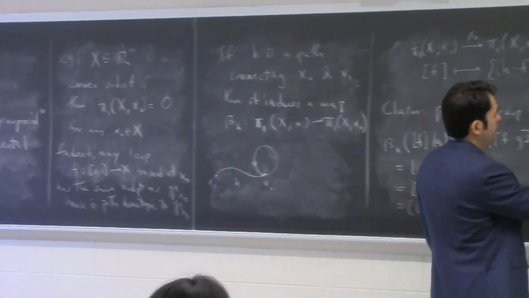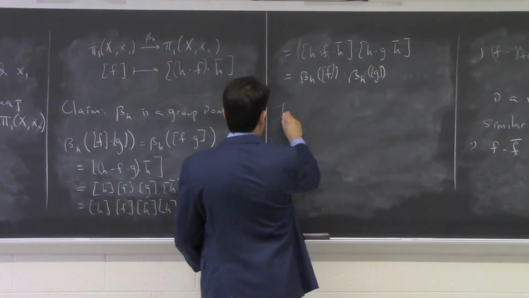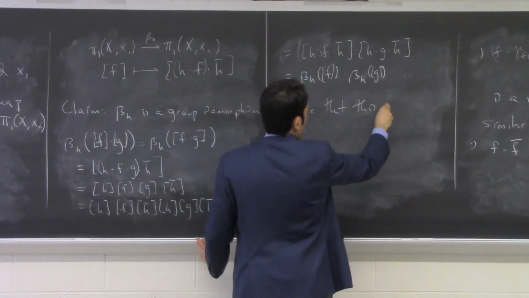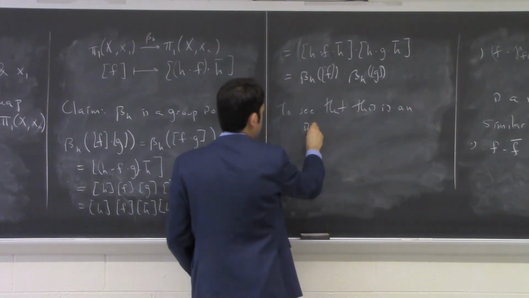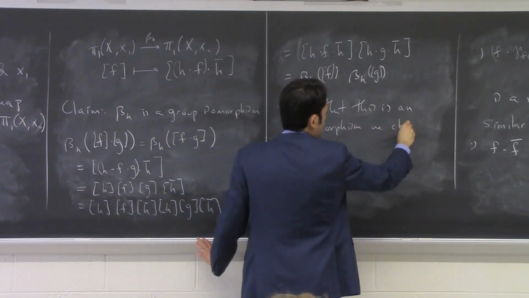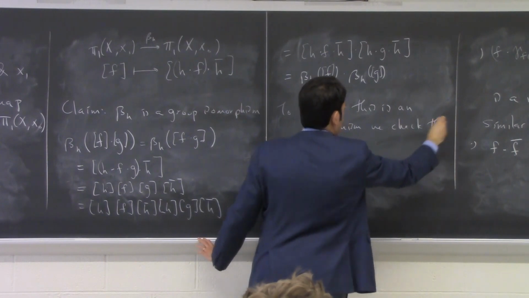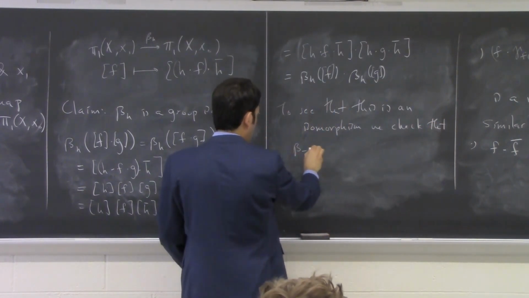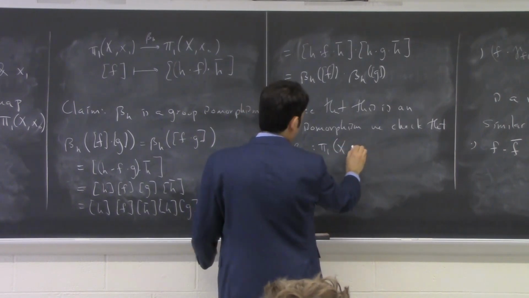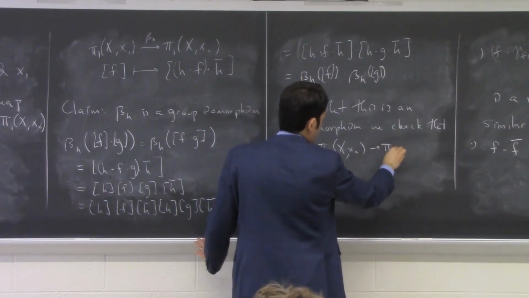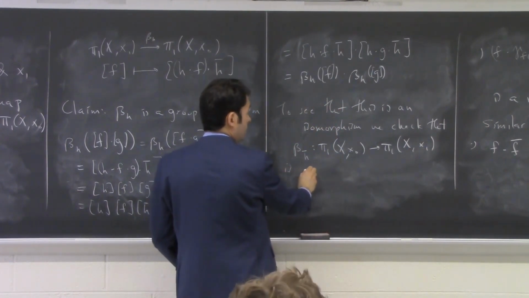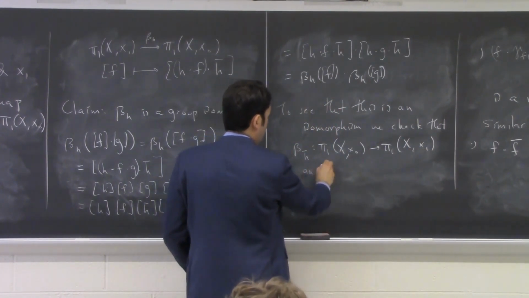All right, so to see this is an isomorphism, we check that beta h bar, which goes from pi1 of x at x0 to pi1 of x at x1, is an inverse.